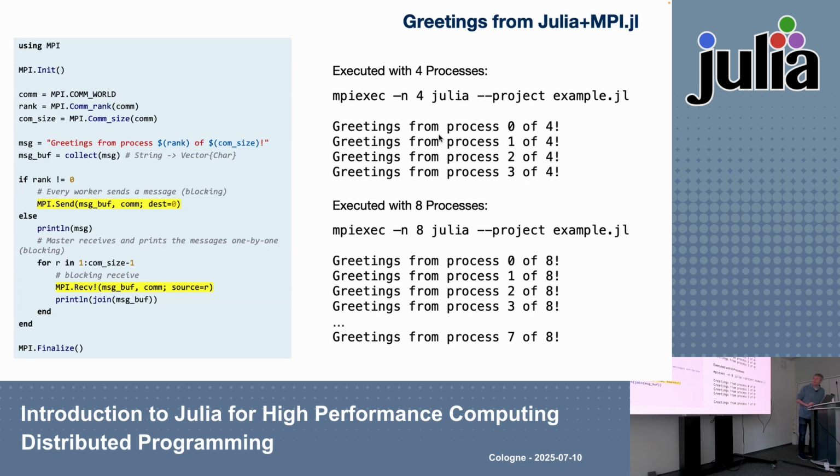Let's take a look at an example here. In this case, we have this MPI exec, which basically is the starting of the framework. Then you tell it how many ranks you want to spawn and what the command is. So it doesn't really know about Julia.